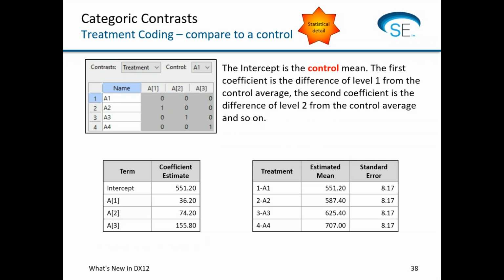The new one that I think is somewhat interesting is the treatment coding, where you can set one particular level to be your control lot, and then all the other levels are compared to that control lot. So of any of the new features, I think this is the one that could be useful for some situations.